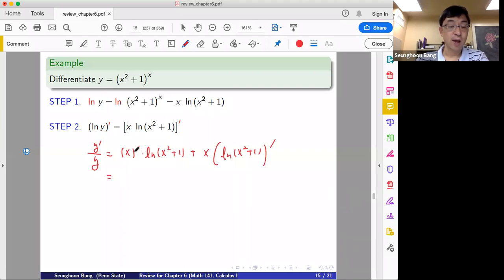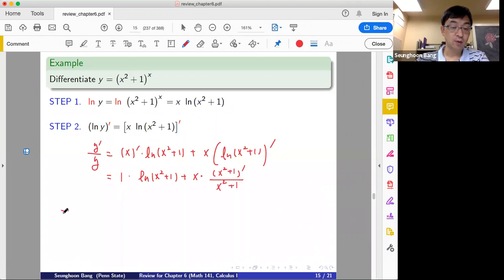So x prime is 1 times ln of (x squared plus 1), plus x times the derivative of ln of (x squared plus 1), which is (x squared plus 1) prime over (x squared plus 1).